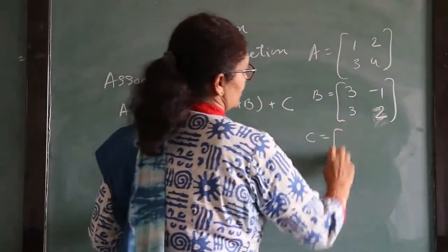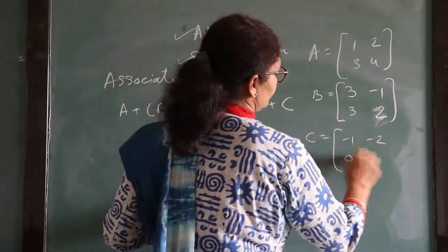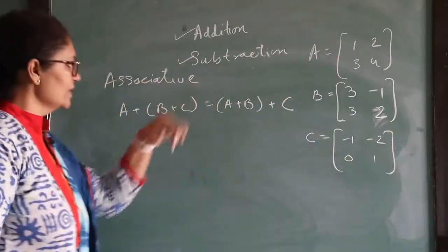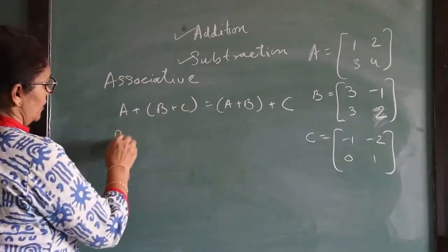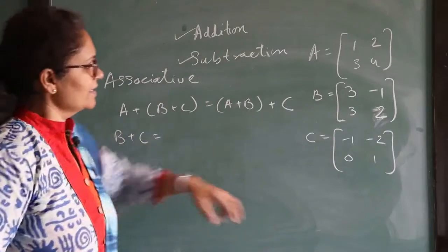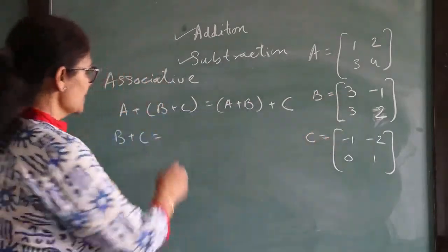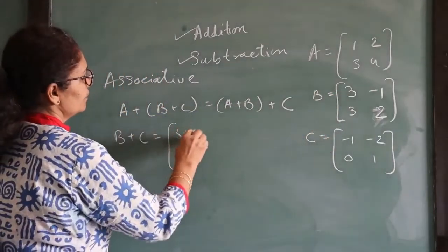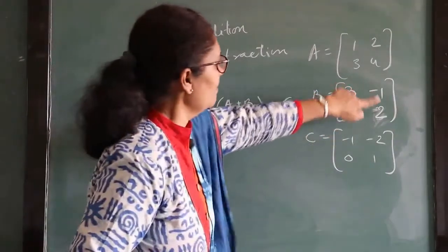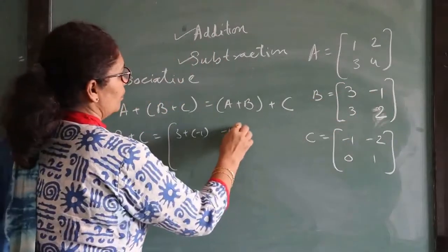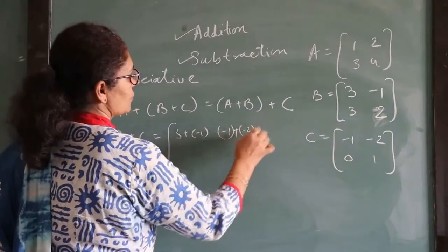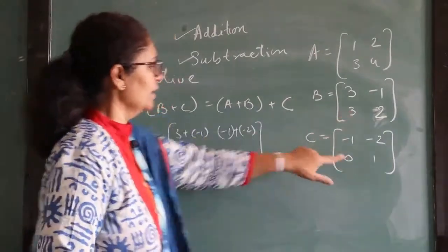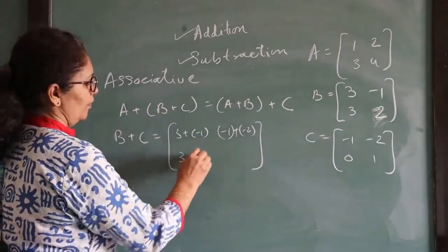So let's take the third matrix C. Now let's start with B plus C first. Now we are adding B and C. So 3 plus -1. Second one will be -1 plus -2. Third one will be 3 plus 0.